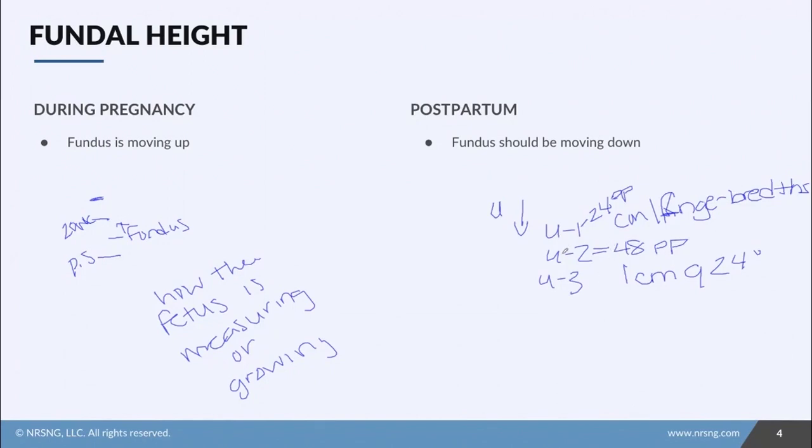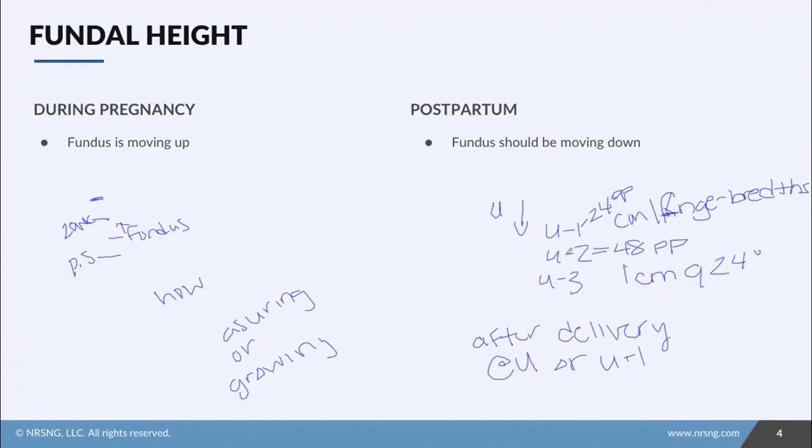What's important to know here is right after delivery, and this is usually a good test question, we are at U or U+1-ish, and then we start to move down. So at the 24-hour point, we're going to U-1. The reason why after delivery it's at this point is because the uterus is still kind of filling up with blood. It's trying to contract its way down. So it is going to be at U to U+1, and then we'll start to move down after that.